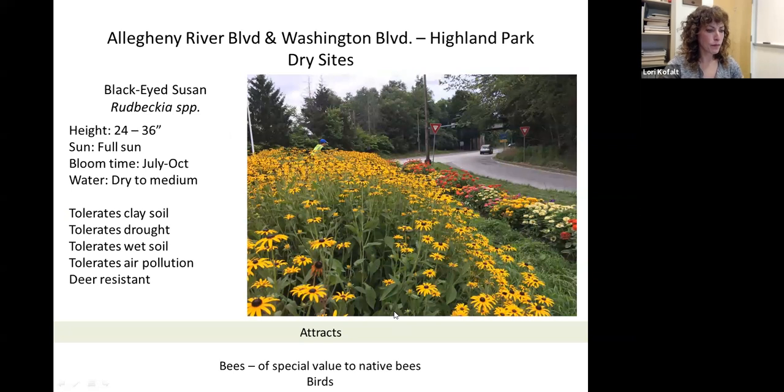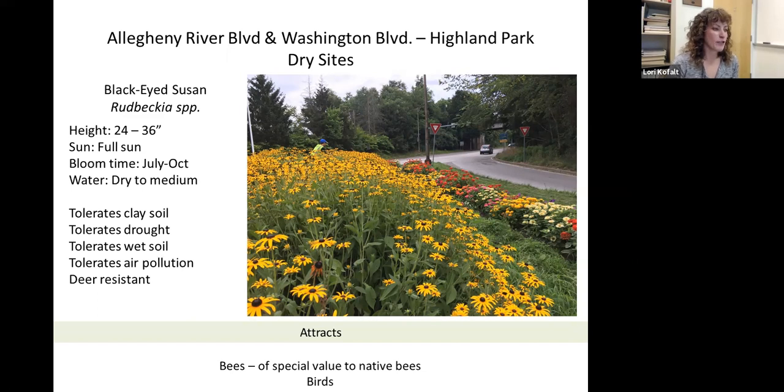And as far as dry sites go, I want to illustrate our garden at Allegheny River Boulevard and Washington Boulevard in the Highland Park area. It does not have an easily reachable water source. So for issues like that, a lot of times we turn to Rudbeckia, or Black-Eyed Susan.